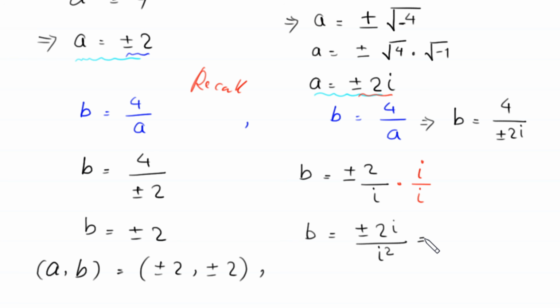This is equal to plus minus 2i divided by this i squared, which is equal to negative 1. This is equal to plus minus 2i divided by negative 1, which will become negative plus 2i. So from here we get another pair. When a is equal to plus minus 2i, then b will be equal to minus plus 2i.